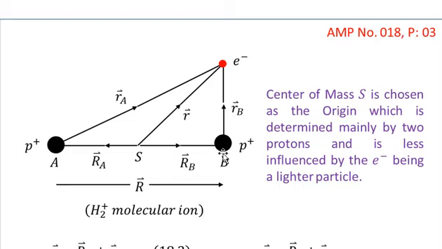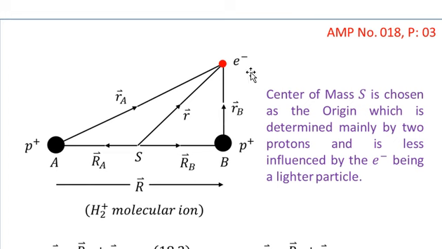Similarly, nucleus B has been labeled as P plus, and the electron, indicated by a red sphere, is labeled as e minus. This is an arbitrary position of the electron, where the separation of the electron from nucleus A is represented by the vector Ra. The separation of the electron from nucleus B is represented in vectorial form by the vector Rb.